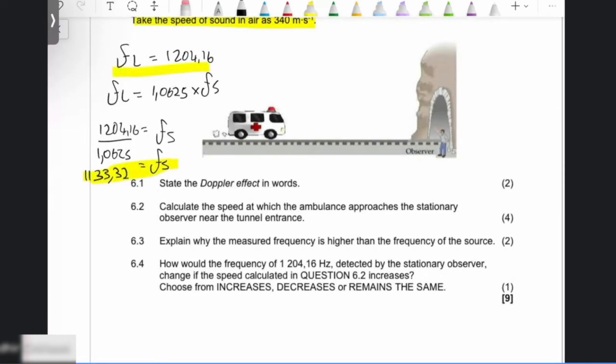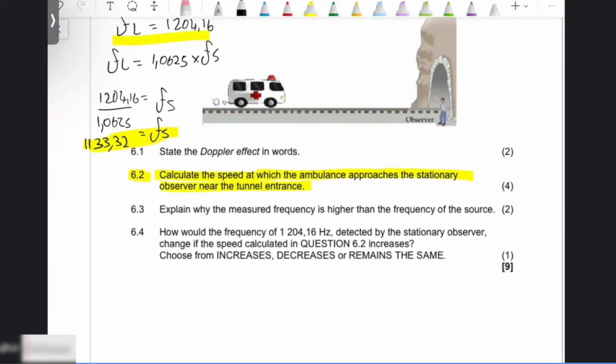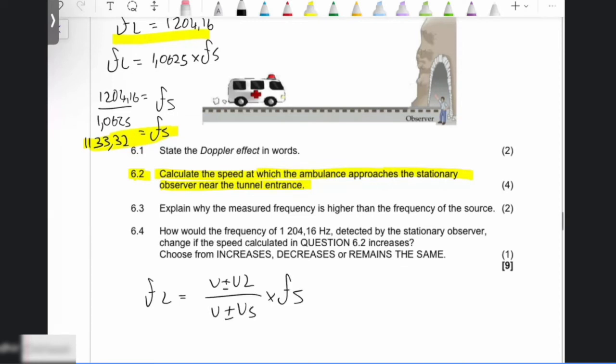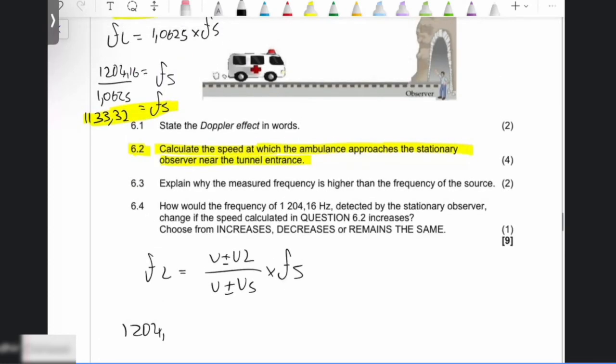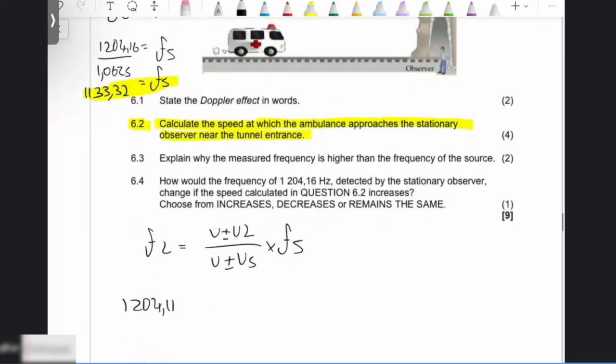All right, so now it says 6.2, calculate the speed at which the ambulance approaches the stationary observer near the entrance of the tunnel. For us to do this, we have to say that frequency of the listener is equal to velocity of sound plus minus velocity of the listener, over velocity of sound plus minus velocity of source, times frequency of source. So the frequency of our listener is 1204.16.